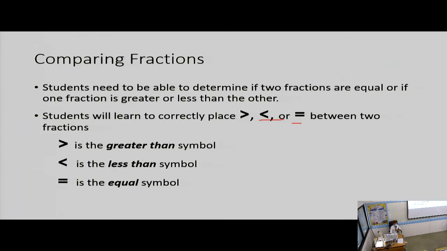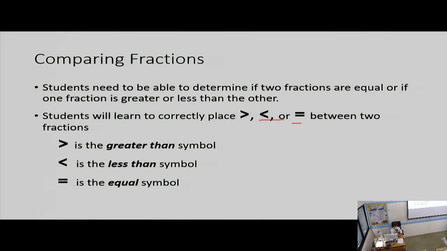So we use the greater than symbol when the first number that we are comparing is greater than the second one. And less than is when the second number is greater than the first, so we use the less than symbol.